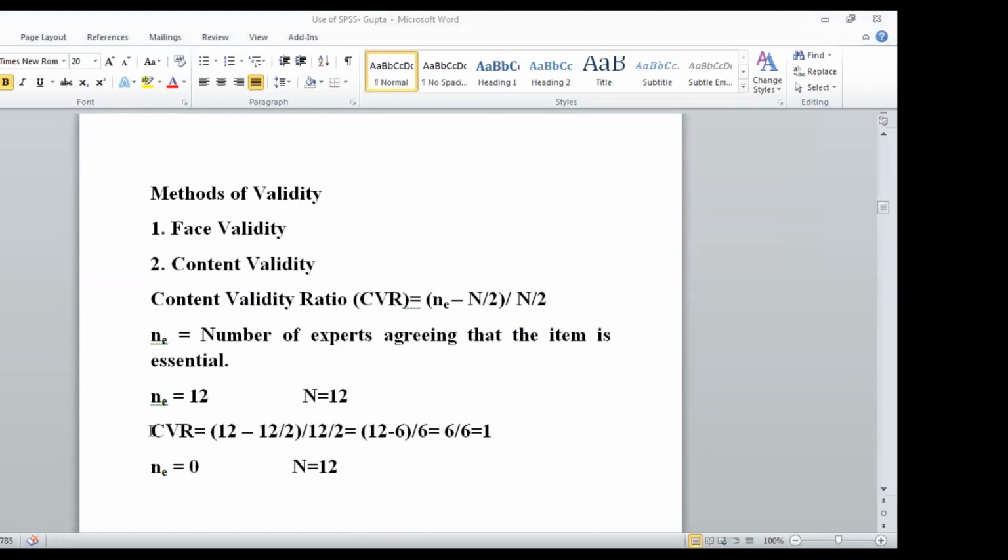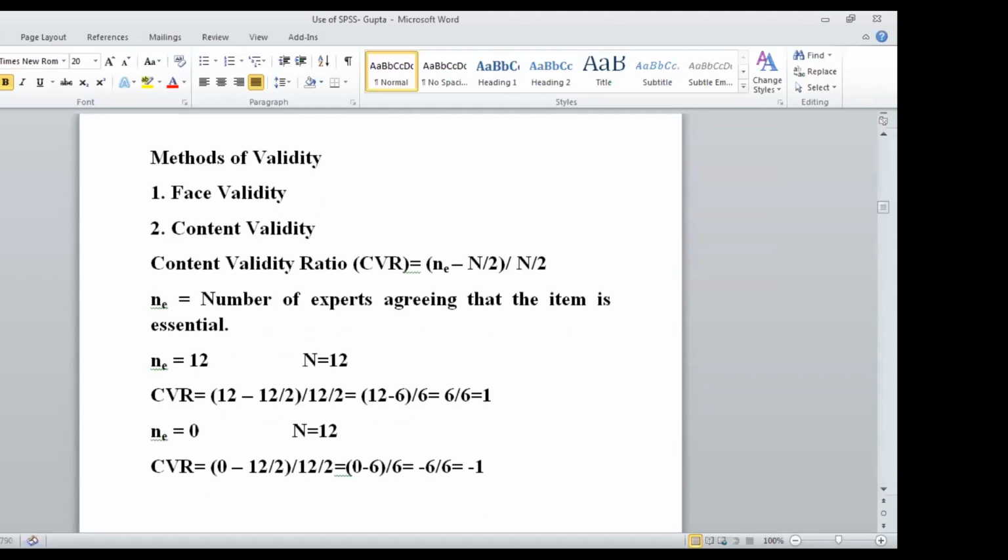Then CVR is equal to 0 minus 6, divided by 6, which is minus 6 divided by 6, equal to minus 1.